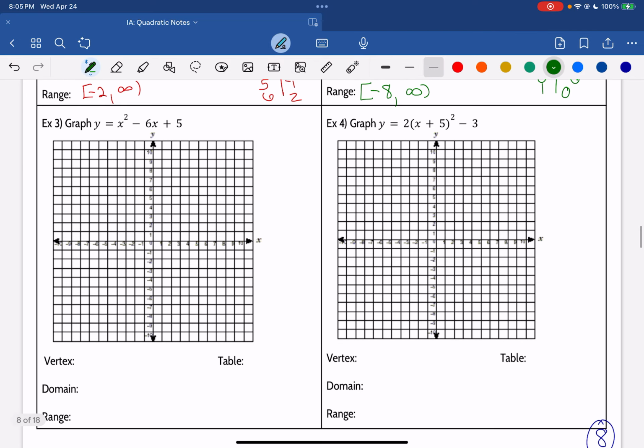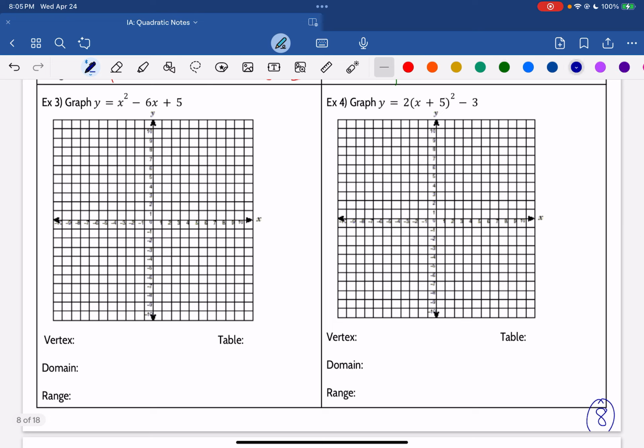Okay, number 3. So again, if we look, this is standard form. Which means I'm going to have to find my axis of symmetry using our equation. So A is 1, B is -6.